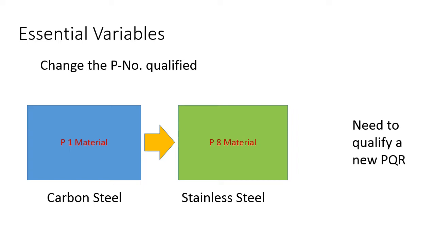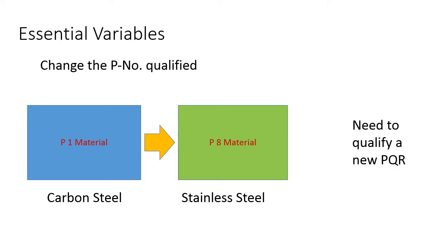Let's say I'm building a pressure vessel out of carbon steel, and I want to switch from carbon steel to use a different base material such as stainless steel, a specific type of austenitic stainless steel, which would be a P8 material. I'm intentionally not putting in a specific base material, like A36 or 316 stainless steel. I'm just kind of leaving this up in the air.